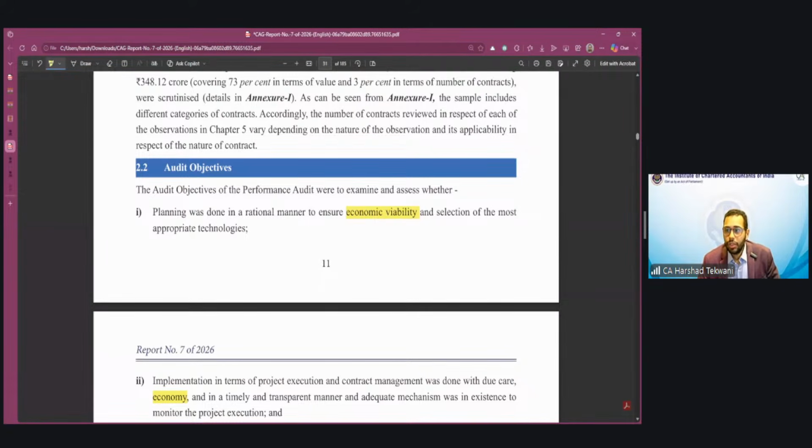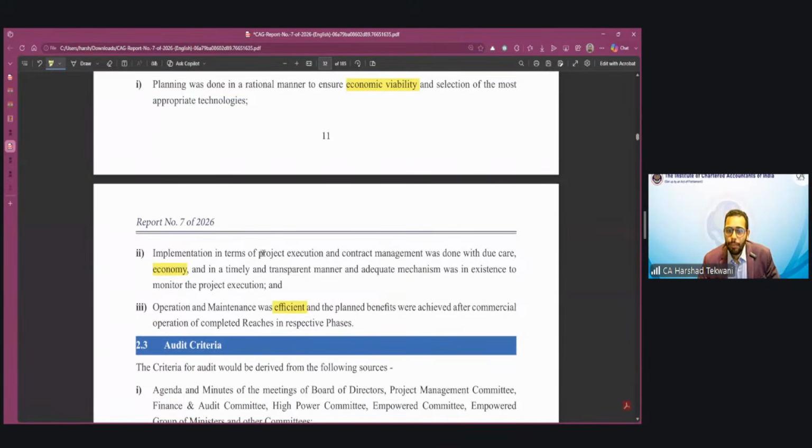So the resources should be used in a manner appropriate with the best price, minimizing cost. When I talk about economy, the project execution and the contract management were done with due care and economy. That means it has to be done with the minimum cost in the appropriate time. That's what economy means.